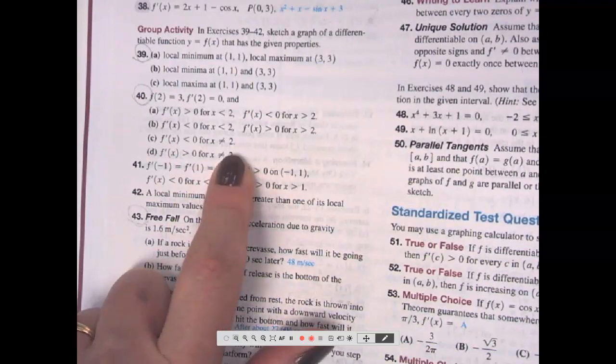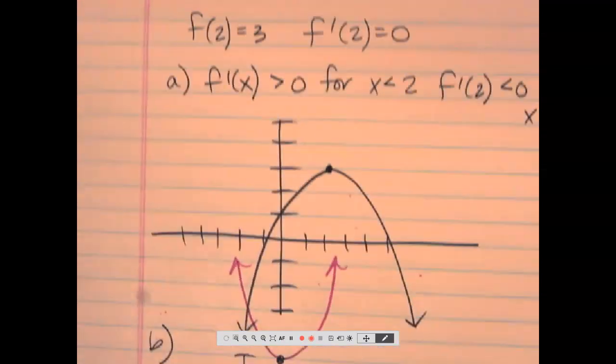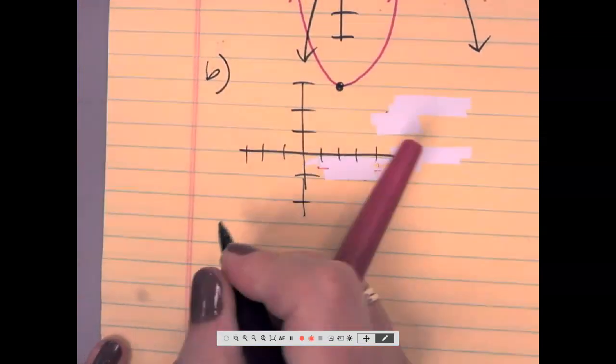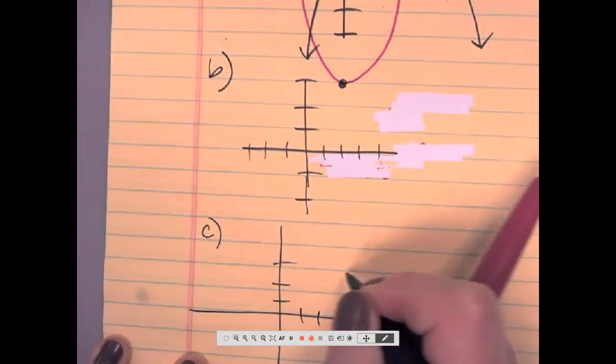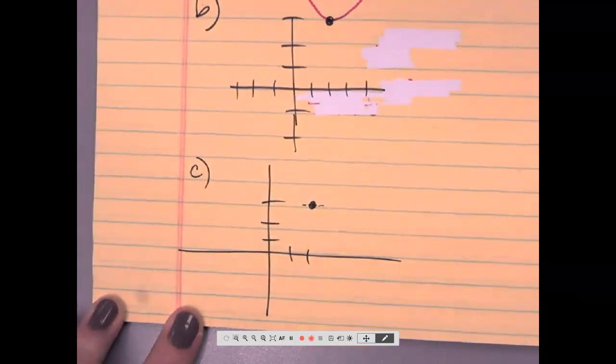Okay, part C. I still have that same ordered pair, and there's still a slope of 0 there. The derivative is less than 0 for x not equal to 2. So that means everywhere on the graph the derivative is negative, except here, where the derivative is 0. How can I have negative slope everywhere, but a slope of 0 right there?